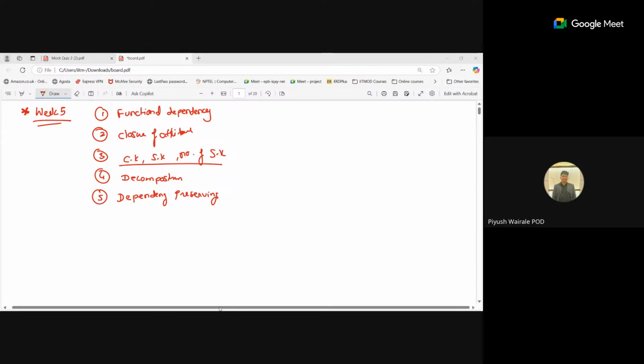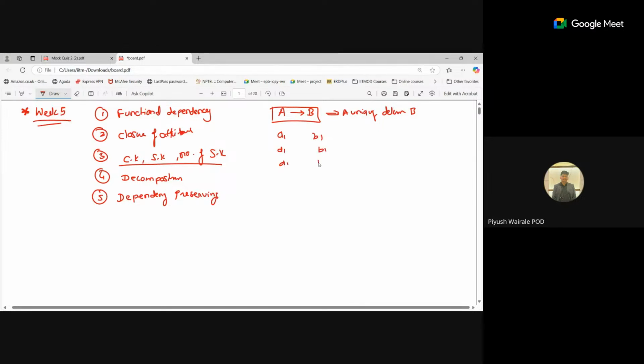So when I say A determines B, what does this mean? Yes, anyone? So this means A uniquely determines B. It means if A1 is determining B1, in that entire table, A1 should give me B1 only.